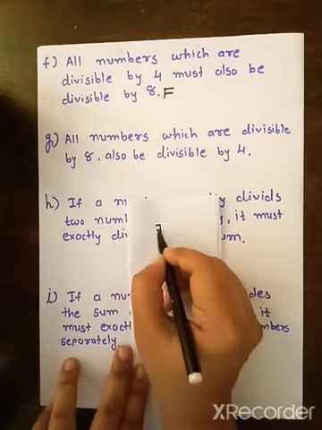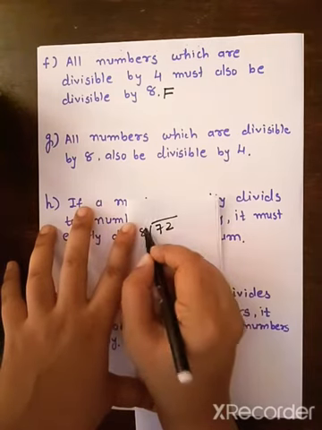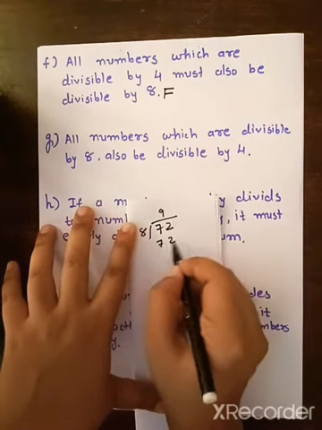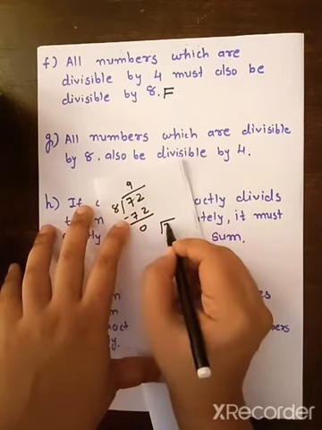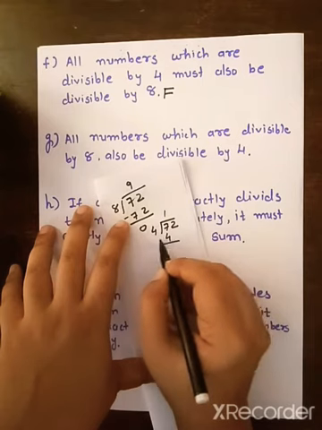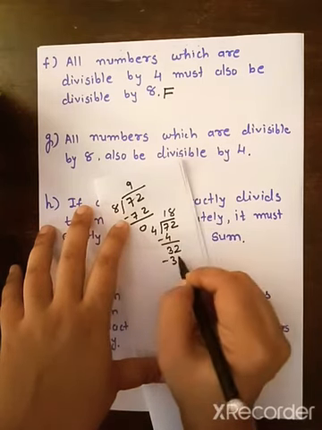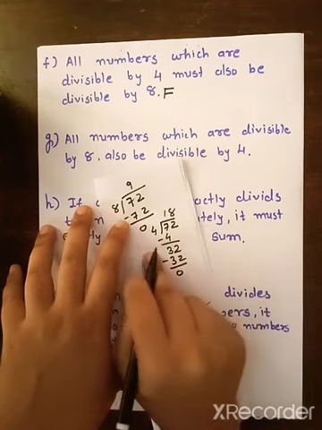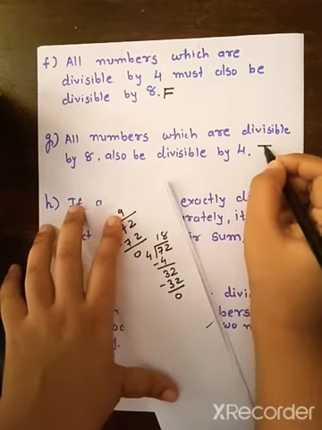If I take the number 72, 72 is divisible by 8, since 8 9s are 72. Now let's check, is 72 divisible by 4? 4 1s are 4, 7 minus 4 is 3, 32. So 72 is divisible by 4. Hence this statement is true.